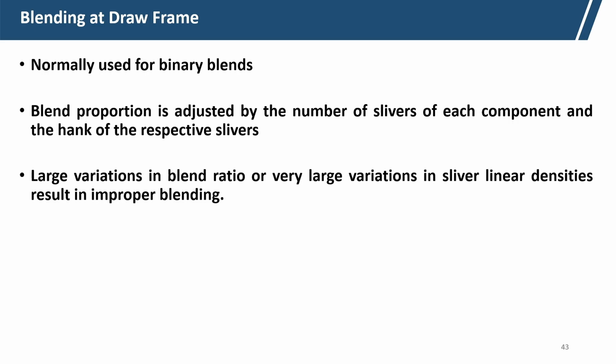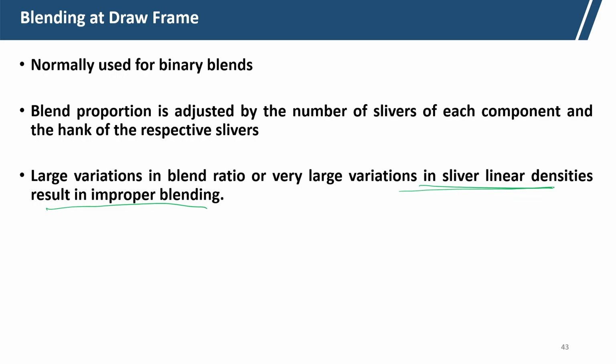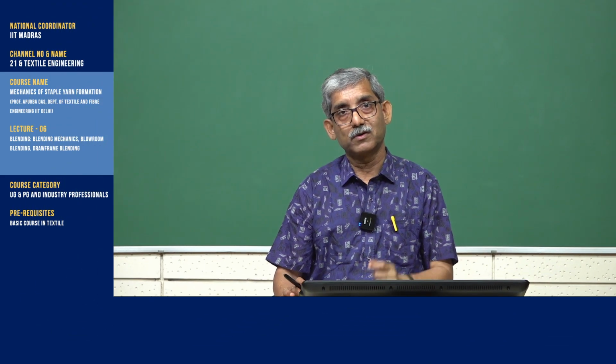A large variation in blend ratio or a very large variation in sliver linear density results in improper blending. There is a limitation on sliver linear density. If one is a very thick sliver and another is a very thin sliver, improper blending will occur, because we cannot have a very wide difference in linear density. In that case drafting will be improper because of the thickness.